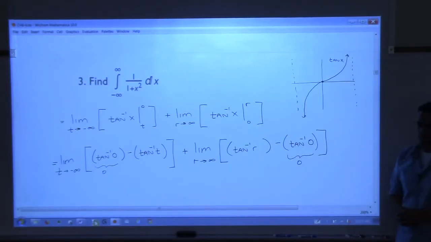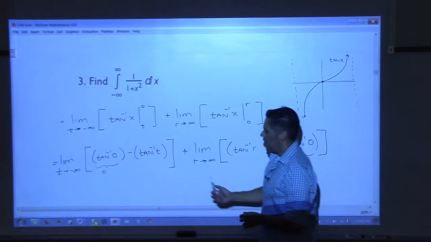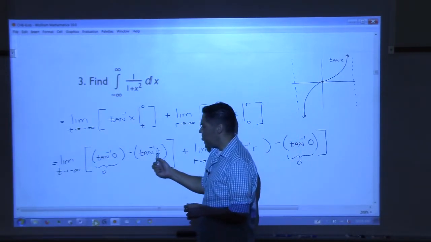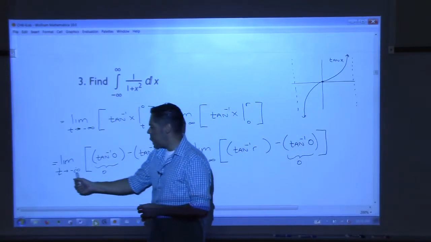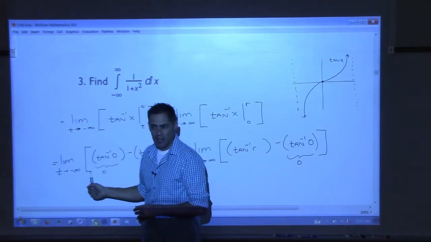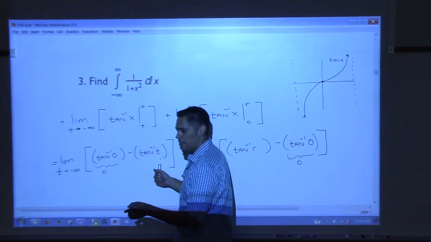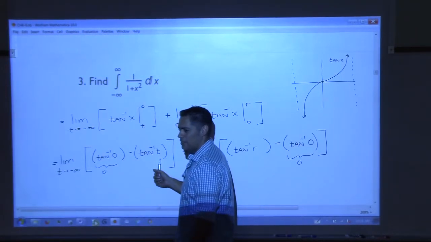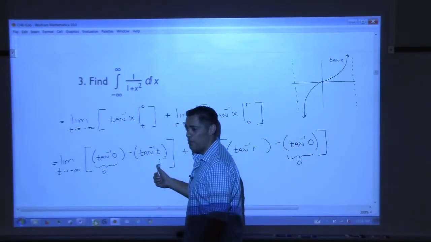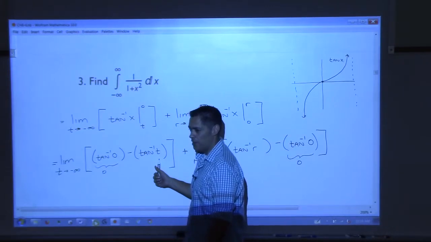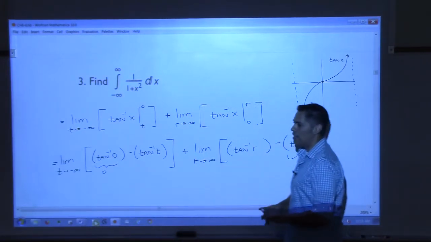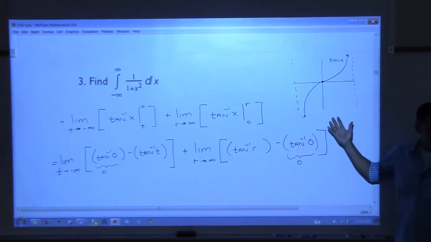Limit time. I'm trying to figure out what arctangent of t is. And I'm about to let t go to negative infinity. So on your calculator, what's arctangent of negative infinity? I don't know. It just gets bigger, right? Yeah, so the calculator is going to have a problem with negative infinity as an input, right? Yeah. So what we need to do is understand what's happening on the picture.